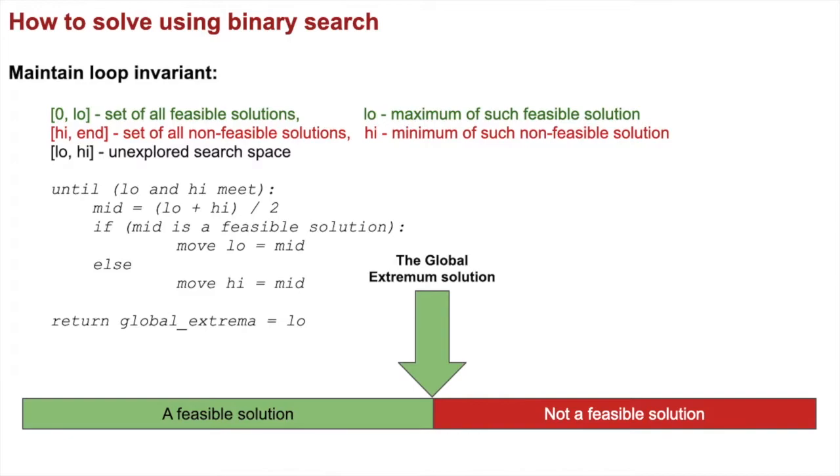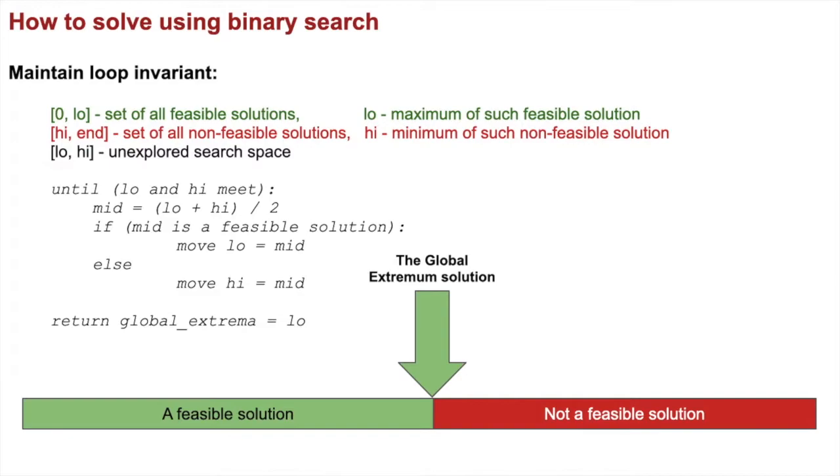So what we're going to do is bring these two pointers as close as possible, because we know that our answer lies between the low pointer and the high pointer. Even though we already have some feasible solutions, we can't be sure that they are extreme solutions.